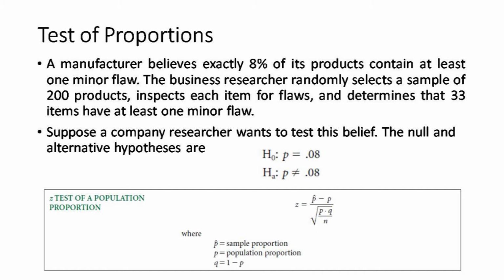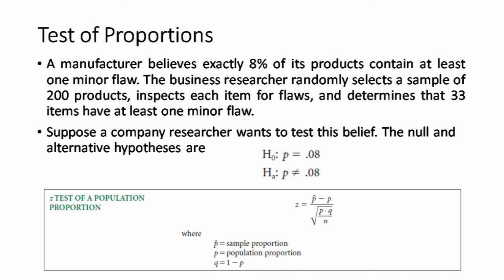If we want to test this hypothesis, then we can make use of the Z test of a population proportion. We already took up the Z test for mean in lesson 7.